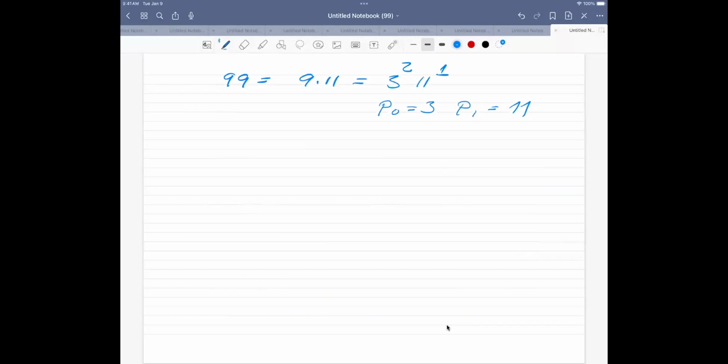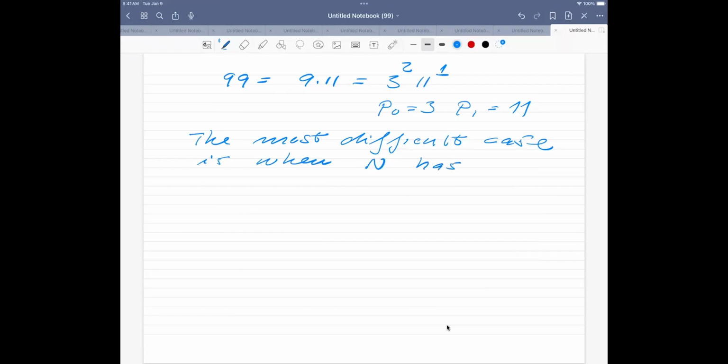And there is a famous algorithm which is called the RSA, which is named after 3 mathematicians, Rivest, Shamir, and Adleman. Accordingly, the most difficult case is when n has only 2 prime numbers.